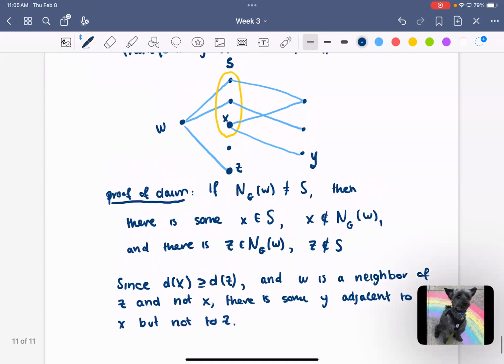Okay, does it make sense why the vertex Y has to exist?